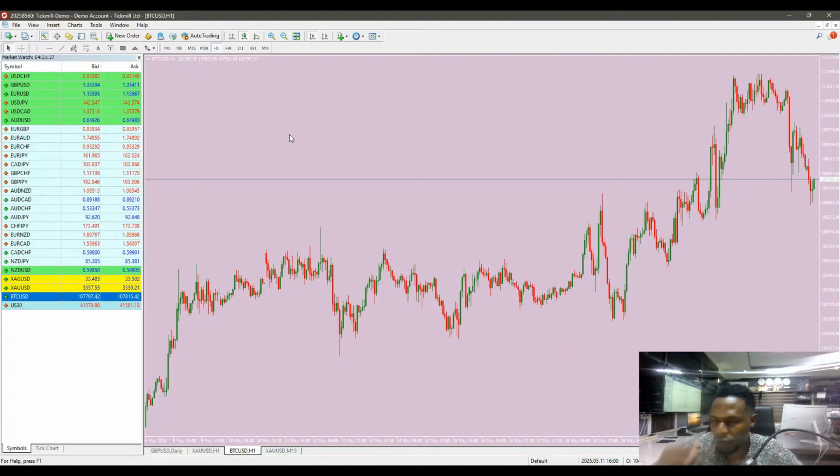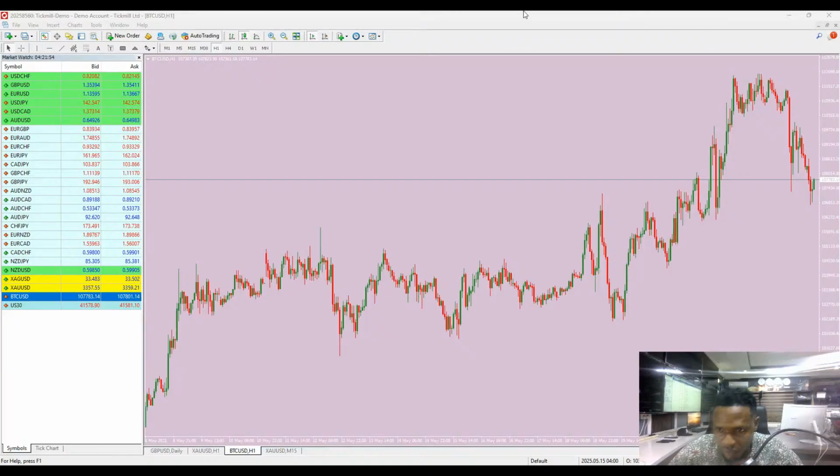And that reminds me, after setting this up, you can decide to save it as a template. You right click on the screen, you go to templates. On the templates, you click save template to save this chart we just created.